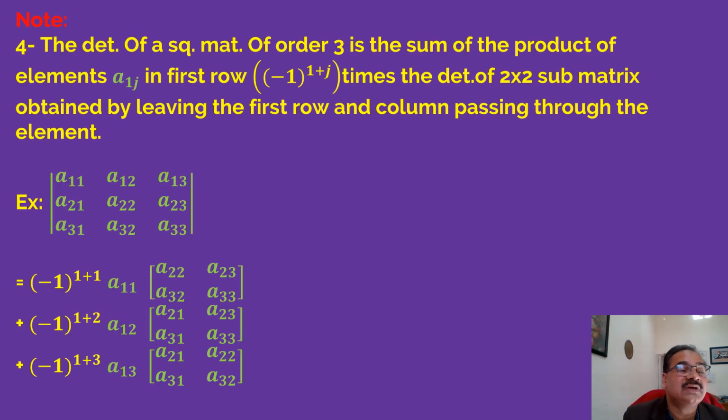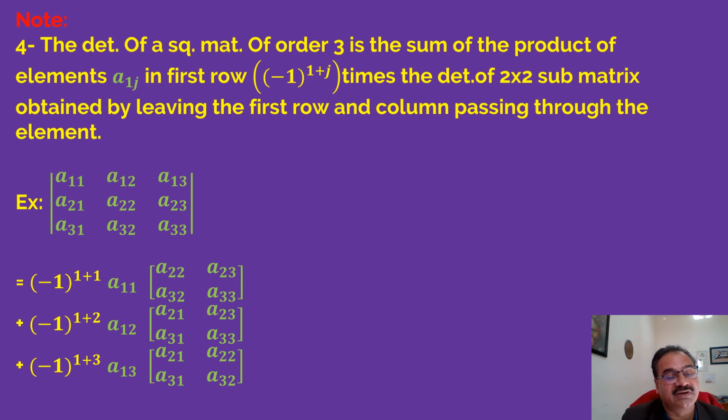Fourth, the determinant of a square matrix of order 3 is the sum of the products of the element a1j with (minus 1) power (i plus j), times the determinant of the 2 cross 2 submatrix obtained by leaving the row and column passing through the element, as I have given here in the example. I have written this just for the knowledge of the students.